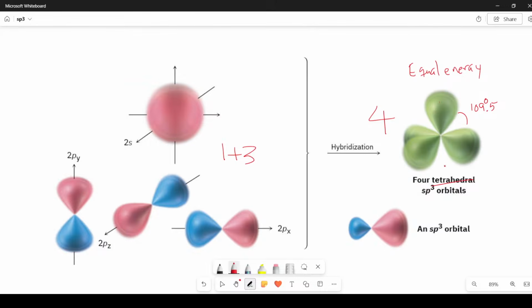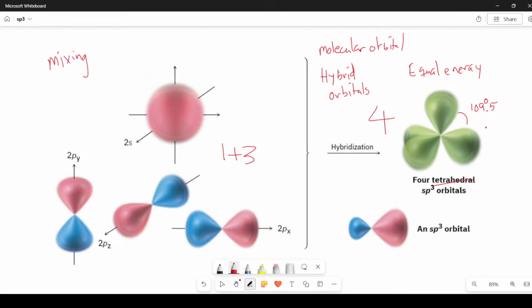So when you see all this, the mixing of atomic orbitals to generate hybrid orbitals would generate an optimized angle for the overlap.